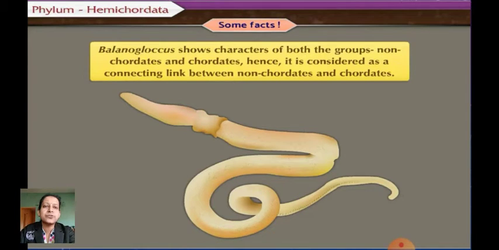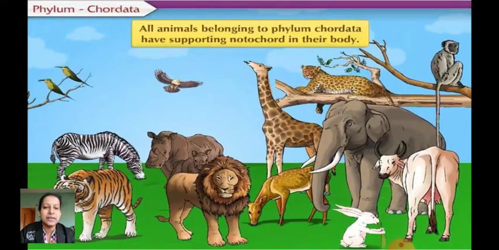Now let us move on to the last phylum, that is phylum Chordata, which is a highly evolved phylum. And why are they called chordates? I have already discussed before some of the characteristics of chordates. So let's begin. All animals belonging to phylum Chordata have a supporting notochord in their body.